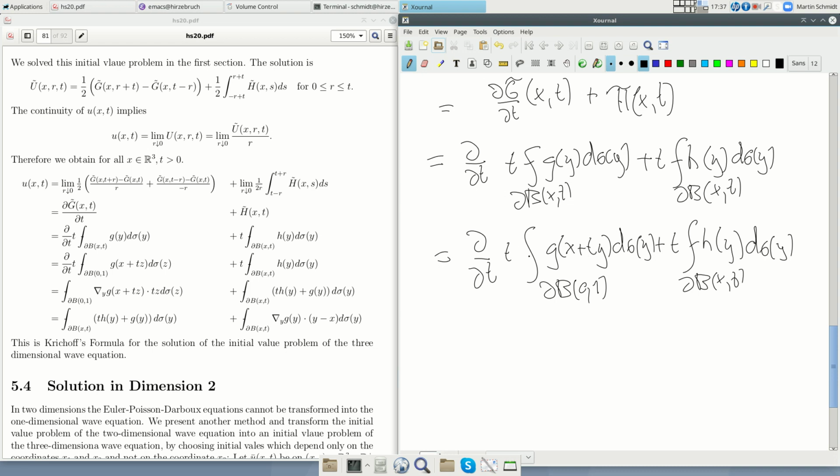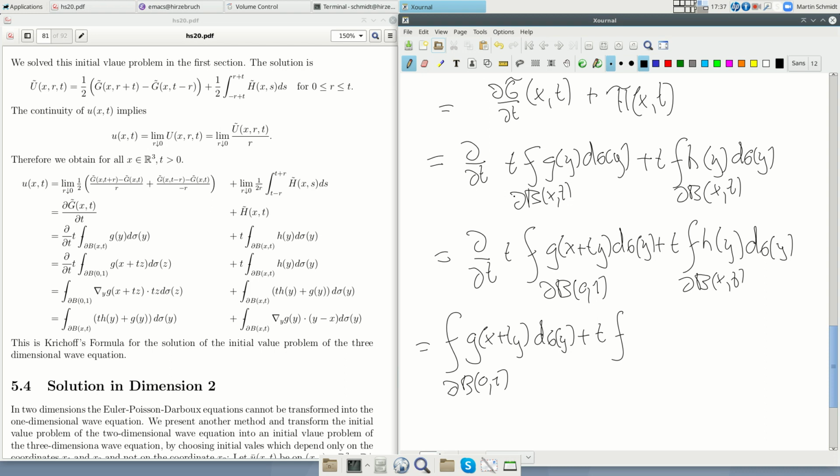Now we can go inside. We get two terms. Also we get this term, g of x plus ty, plus, and if we take the derivative, we get t times the mean.